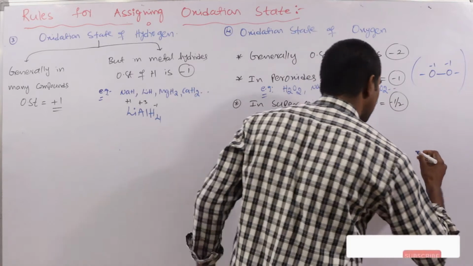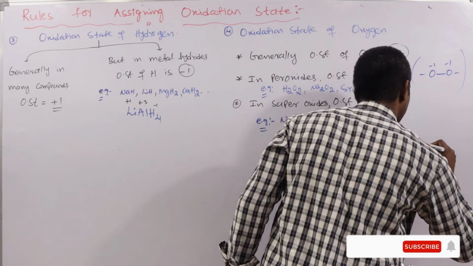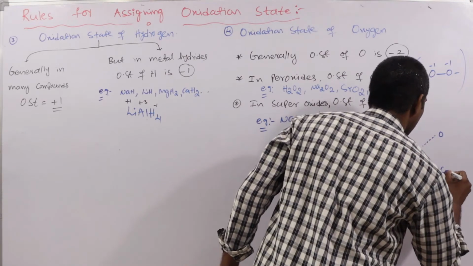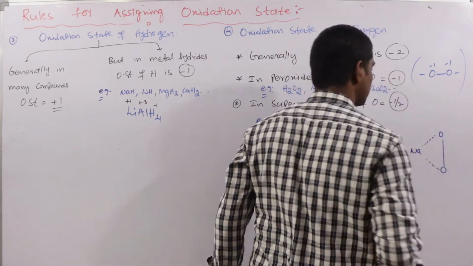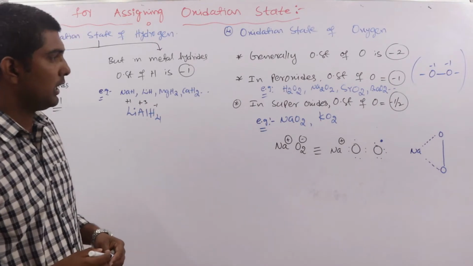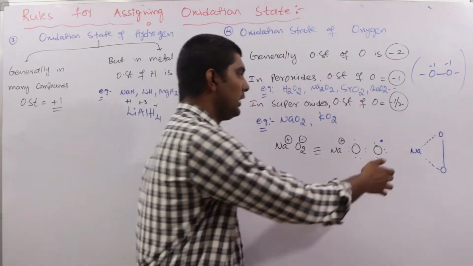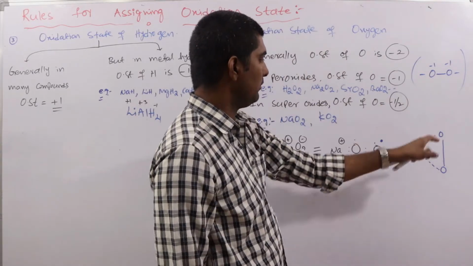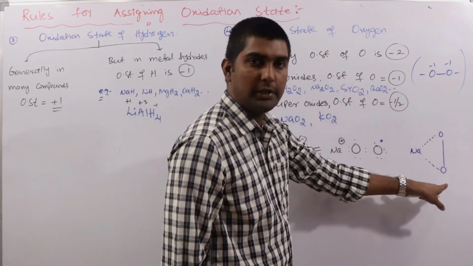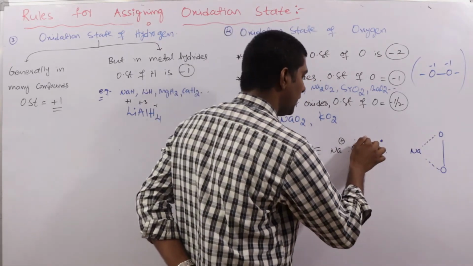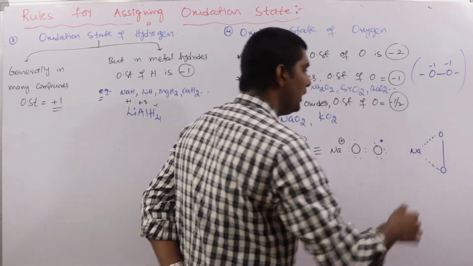Structure is given like this also, Na+, like this also it is given. This dotted line indicates, suppose this extra electron is present on this oxygen, sodium is bonded to this oxygen. If it is present on this, sodium is bonded to this oxygen.